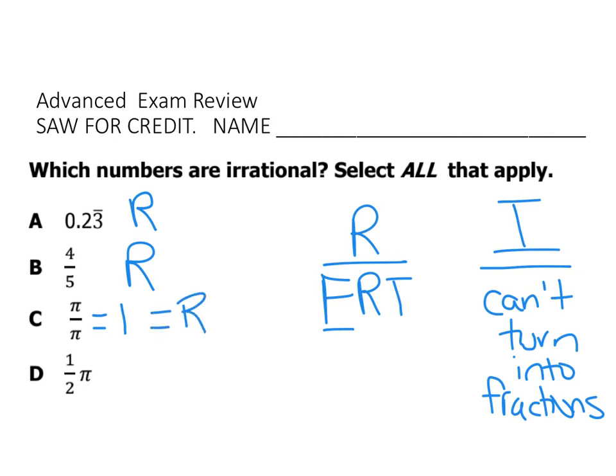So it is rational because anything divided by itself is 1. So D is irrational because 1/2 times pi is going to give you a long, messy decimal that cannot turn into a fraction.